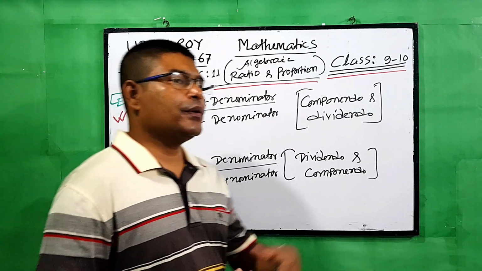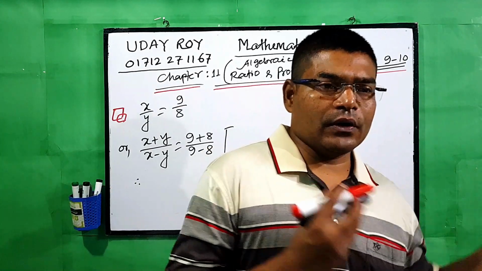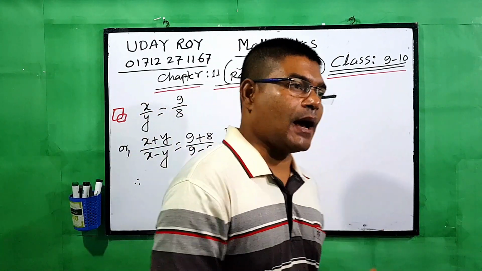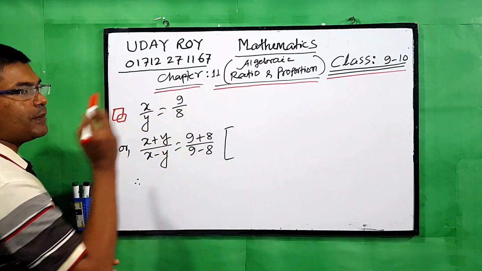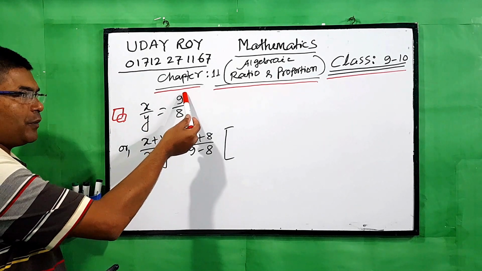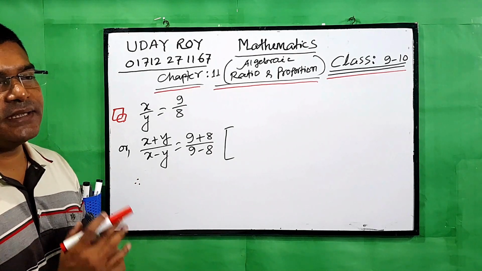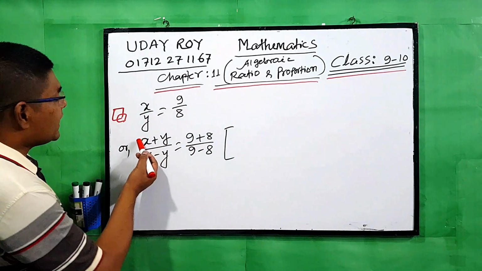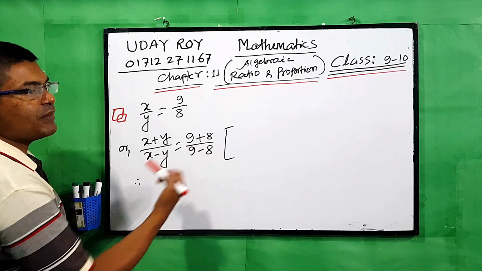Now we will do componendo and dividendo. Follow the board. You can see x by y equal to 9 by 8. This is numerator and this is denominator. So using componendo and dividendo, please follow: x plus y, x minus y; 9 plus 8, 9 minus 8.